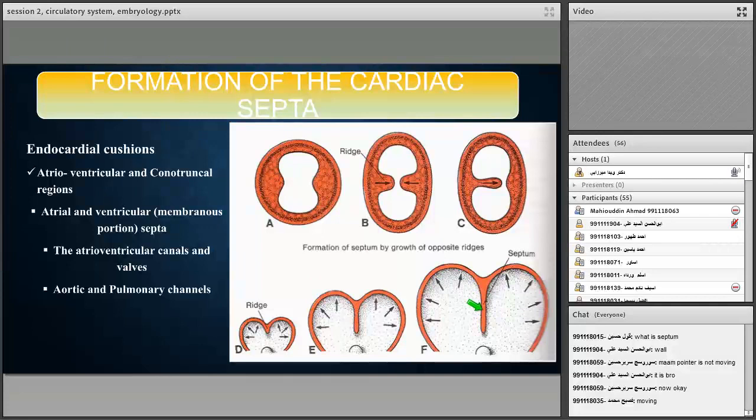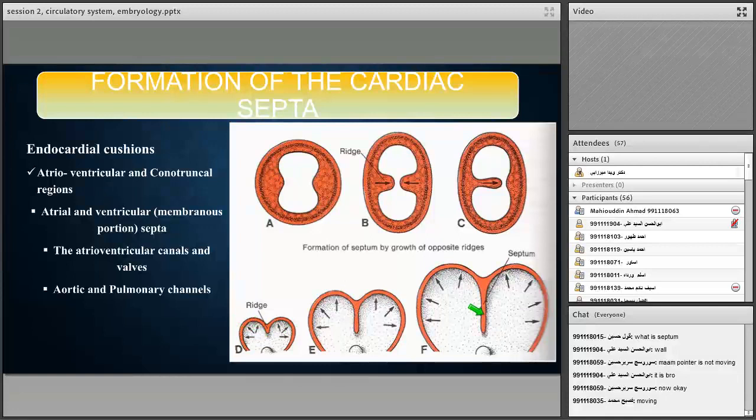So, there are two forms. In one form, we have the endocardial cushions in the ECM, or extracellular matrix, which are growing to the side of each other, or we have just one cushion. In the other form, there is an area in the lumen which does not grow, but the parts of the lumen located beside this area are growing.